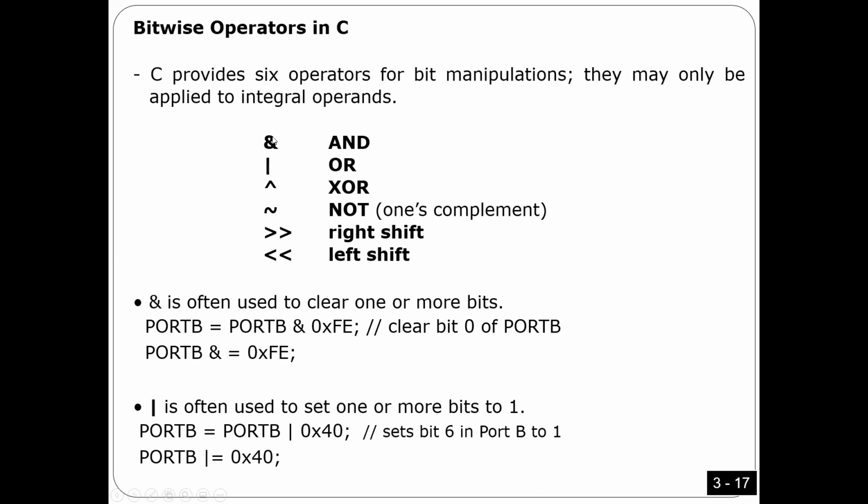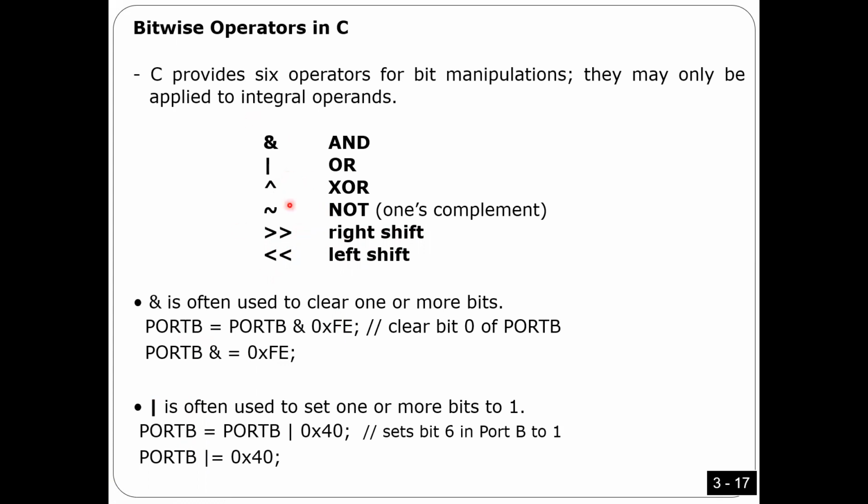Like here, ampersand is used if you want to do logic AND, bit by bit AND. This one is for OR, bit by bit OR. This one for XOR, this one for one's complement. Is that okay? This one for shift right, this one for shift left. Okay.